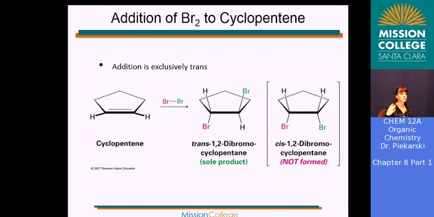And in this case, when we've done cyclopentene and reacted with bromine, we have found that the only product that's created is trans-1,2-dibromocyclopentane. So we exclusively get the trans product. So yes, halogenation is a stereospecific reaction. Okay? Only gives you trans, which is good. You only get one product out of it.